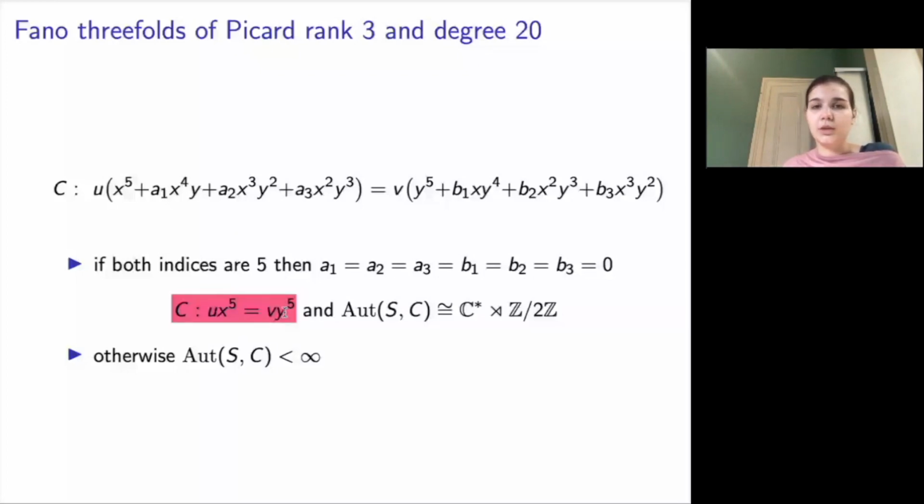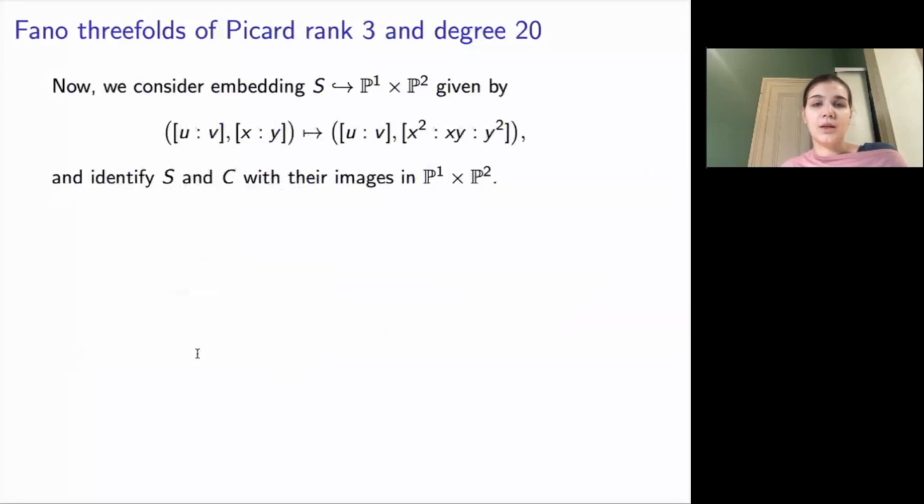Just substitute A's 0 and B's 0, and the automorphism group of our surface S, which fixes the curve C, will be infinite, and otherwise the automorphism group will be just finite.